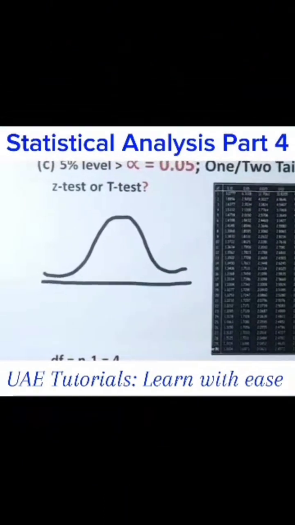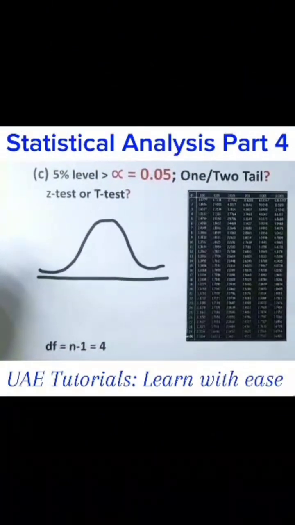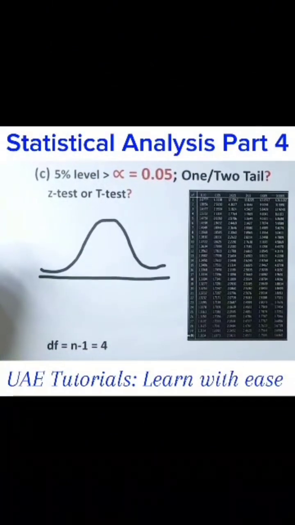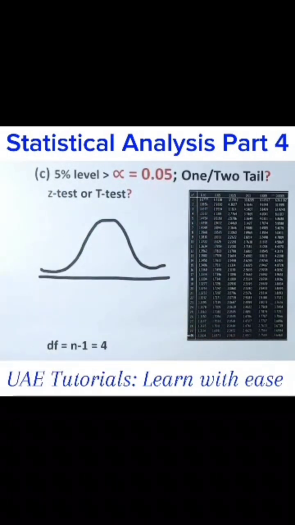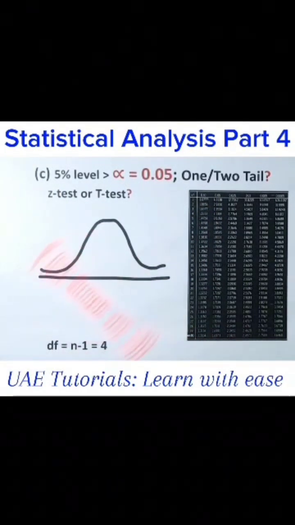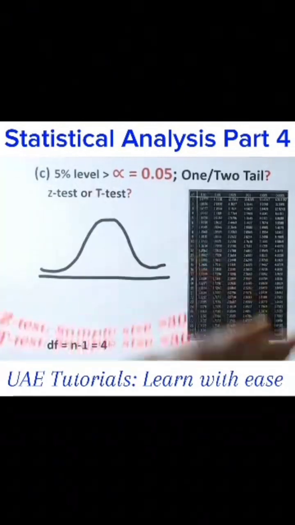So we move on. The C part of the question says that at a 5% significance level, we are going to conduct either a z-test or a t-test. So how do we know when to use a z-test or a t-test?